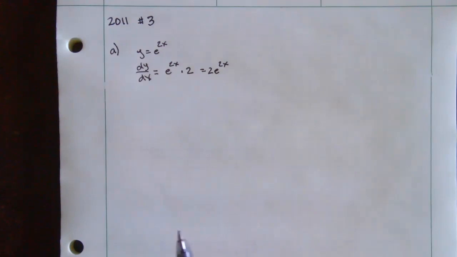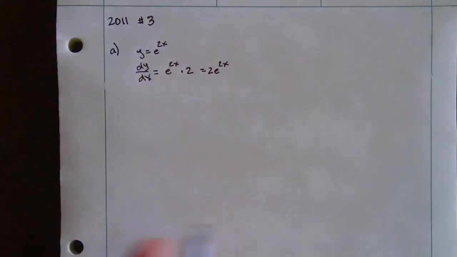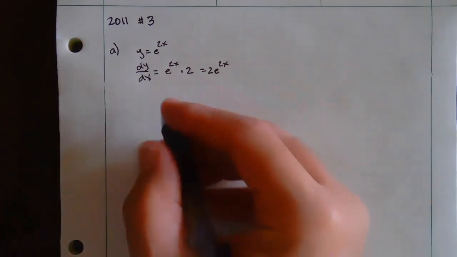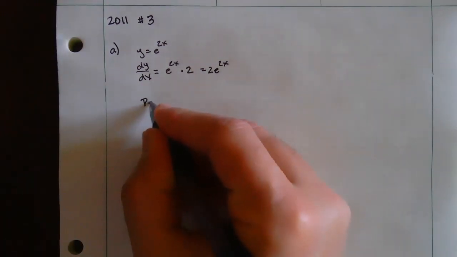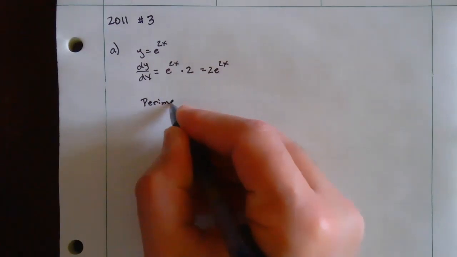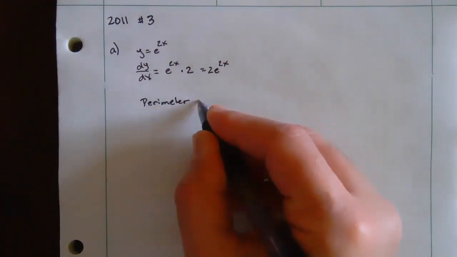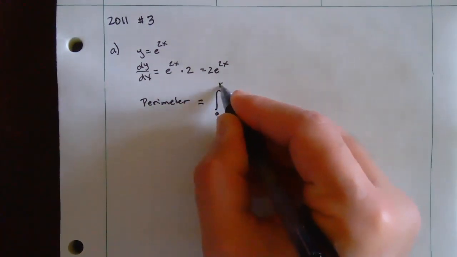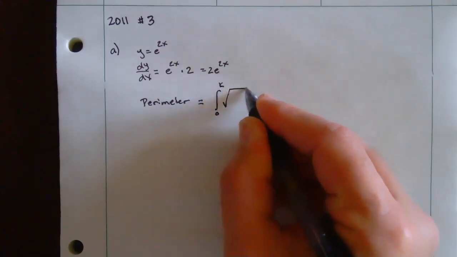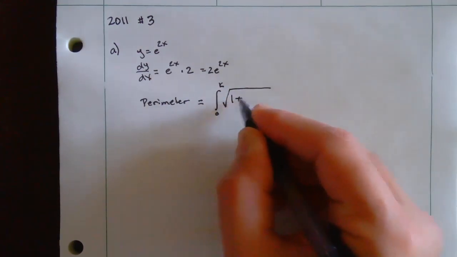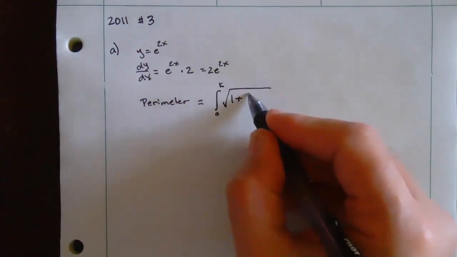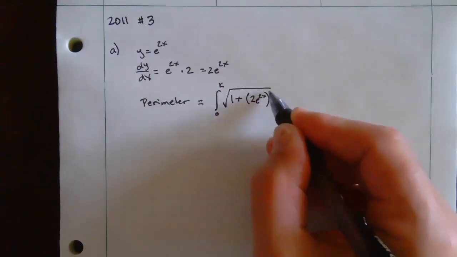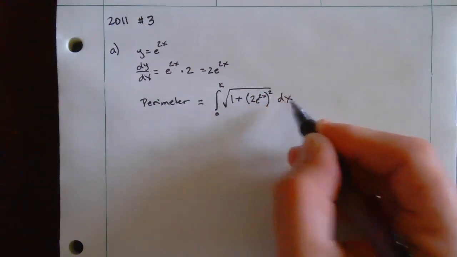And then we're going to want to integrate that along that horizontal length from x equals 0 to x equals k, all right? So the perimeter would equal the integral from 0 to k of the square root of 1 plus 2e to the 2x, because that's your dy over dx, squared, and then dx, okay?